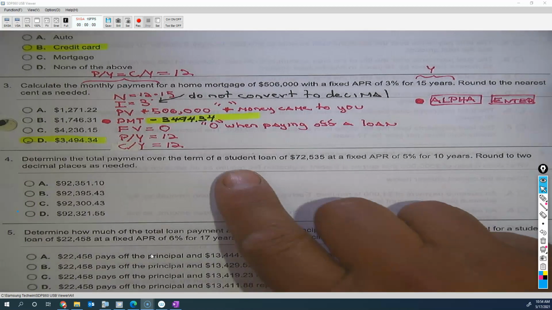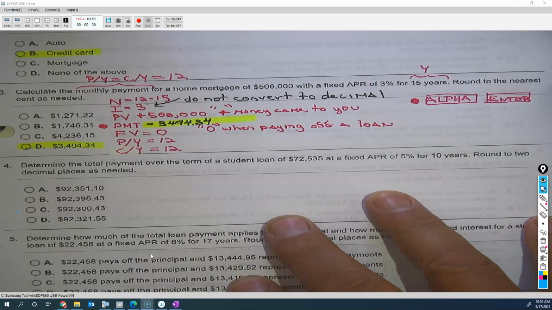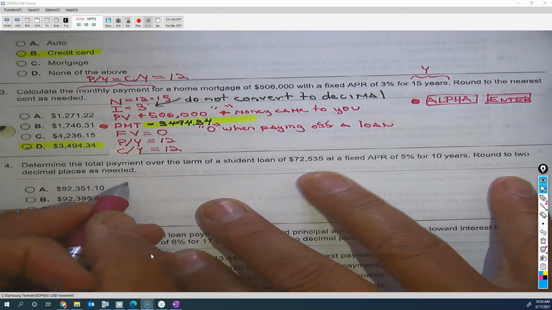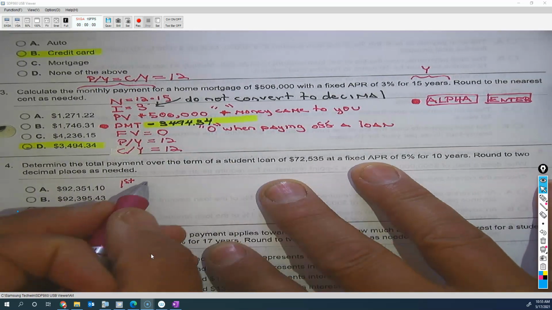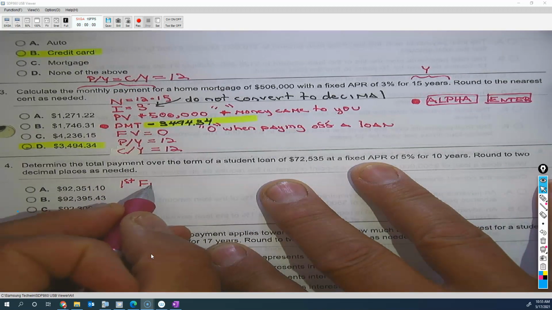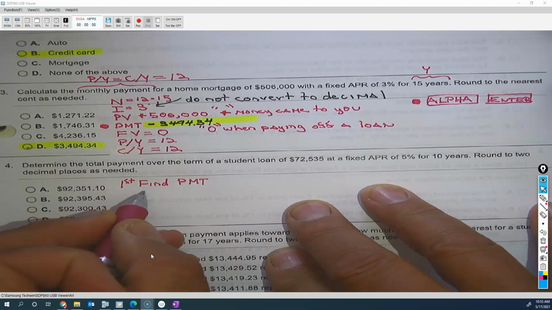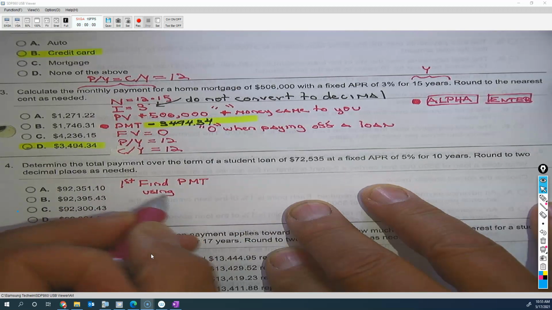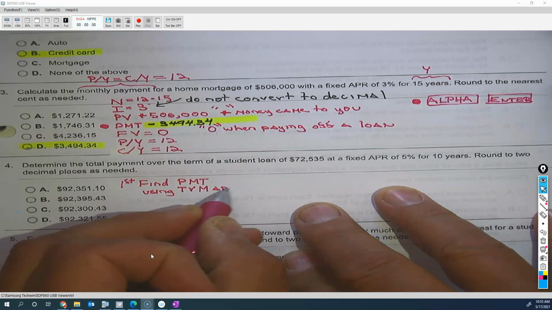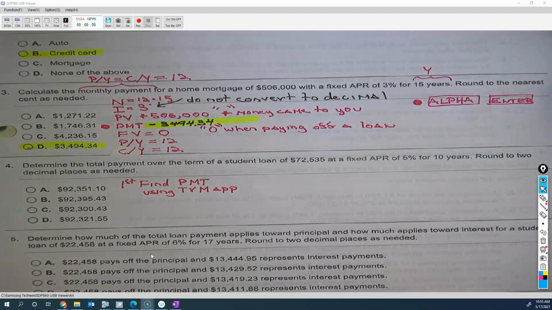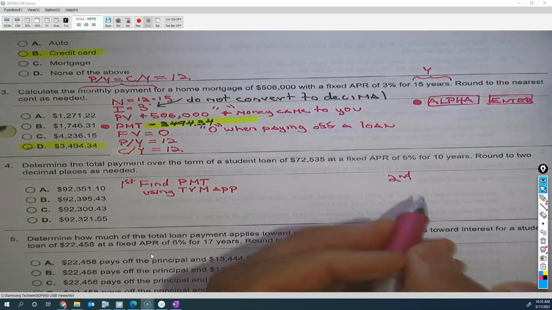All right. So for number 4, guys, it says determine the total payment. So the first thing you've got to do is find the monthly payment. Okay, and then once you get that done, the second thing you're going to do is get the total.